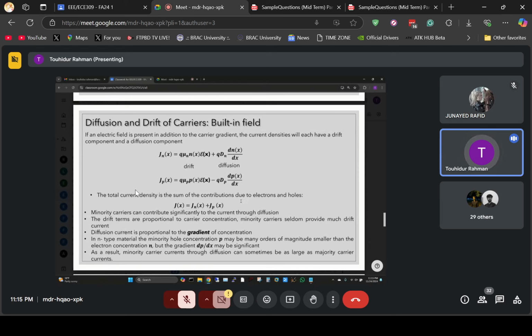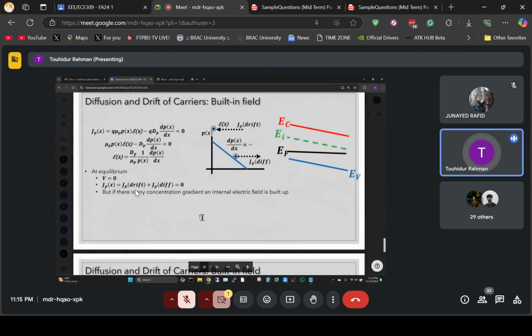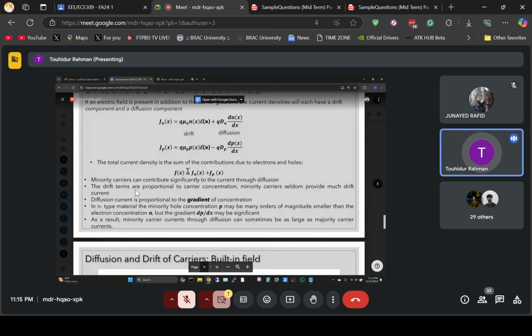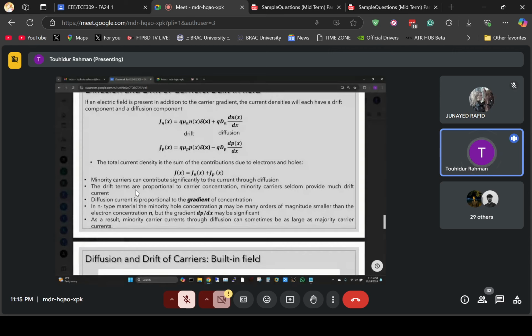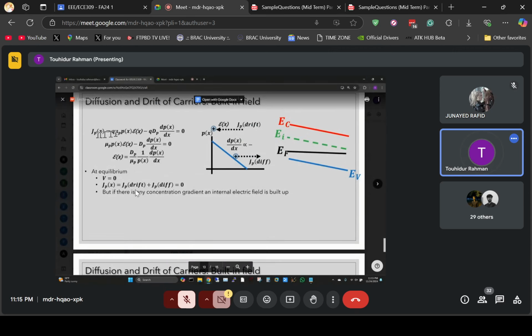Just to extend that discussion, I have the example for holes in this slide. Let me go through that. Here is the example for holes. The equation for holes has this positive term and this negative term, and because we do not have any applied voltage, the current must be 0. So here we have J_p. This term is due to drift or electric field, and this one is due to diffusion, and it equals 0.